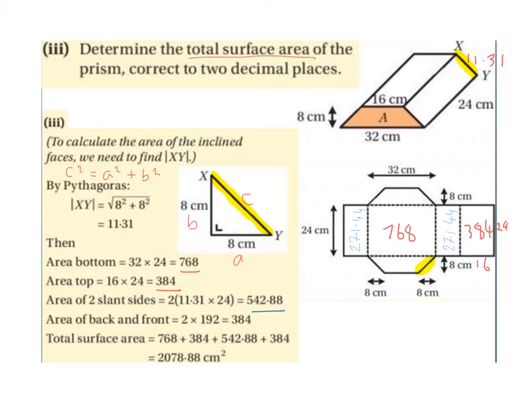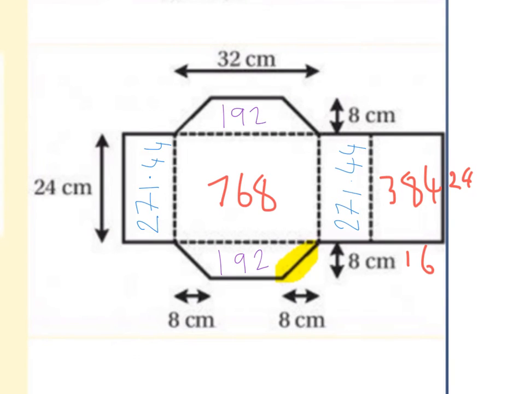Then the area of the back and the front, so the trapeziums, we got the area of the front to be 192. So 192 and 192. So now we have all the areas, we just have to add them together to get the total surface area.